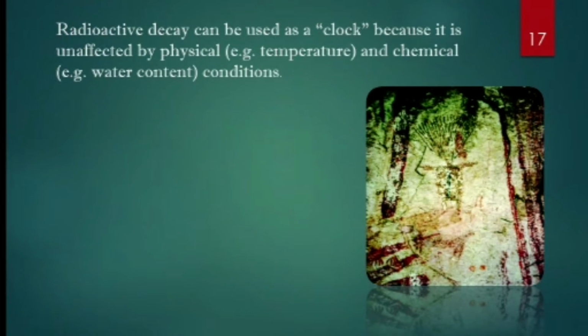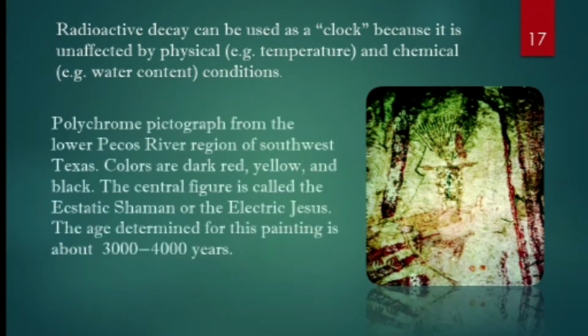Radioactive decay is used as a clock because it is unaltered by the physical and the chemical changes in our environment. And the picture on the right side is a polychrome pictograph that was collected from southwest Texas.